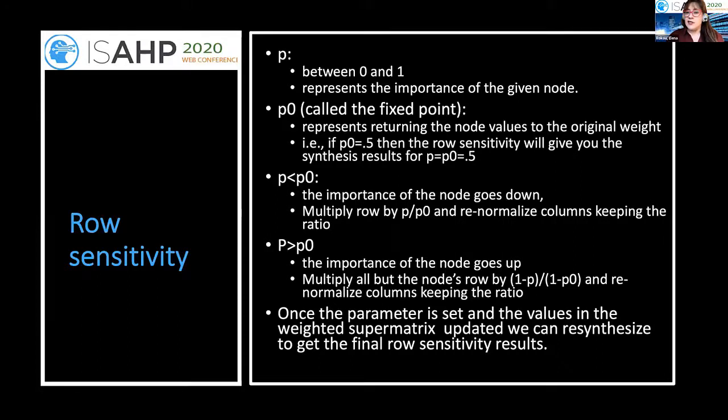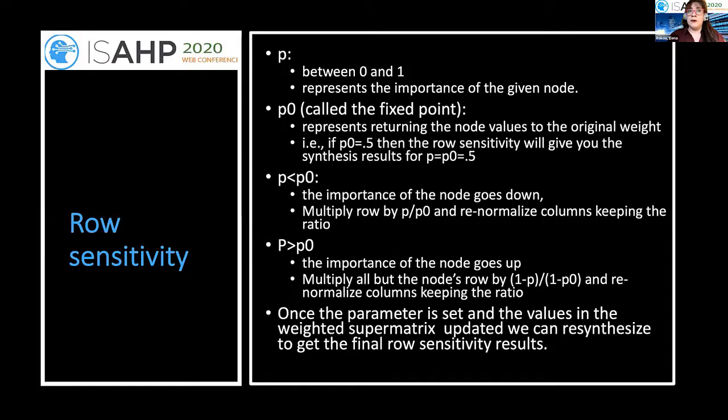Now, in row sensitivity, there are two cases. While the value of P is less than P0, so in my case, less than 0.5, the importance of the node goes down, and the calculation that we do is to multiply the row by P over P0, and then renormalize and synthesize to get the results.